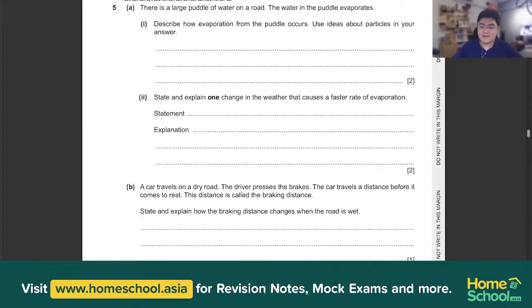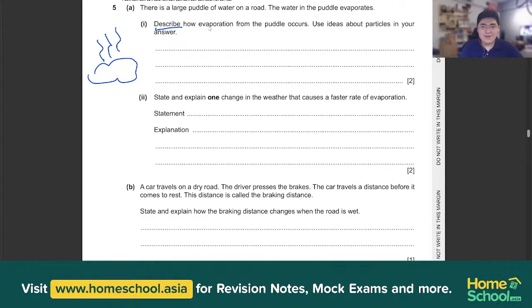More essays to write. Now, question 5A. There is a large puddle of water on the road, and the water in the puddle evaporates. So we need to describe how evaporation in the puddle occurs, and we have to use ideas about particles in our answer.